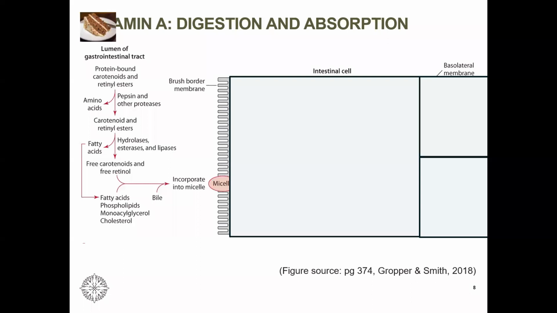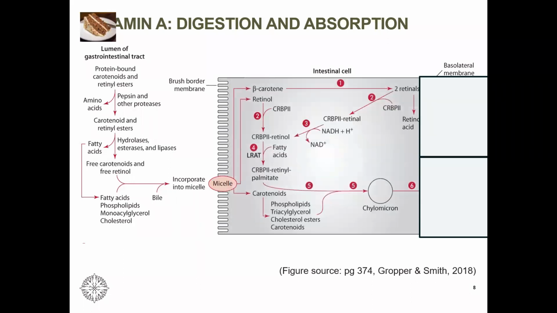Now moving on, what's happening inside the cell. So now you can imagine that I am consuming beta carotene, I am consuming retinol, and I might be consuming some other carotenoids also if I've added, let's say, orange zest in that carrot cake.